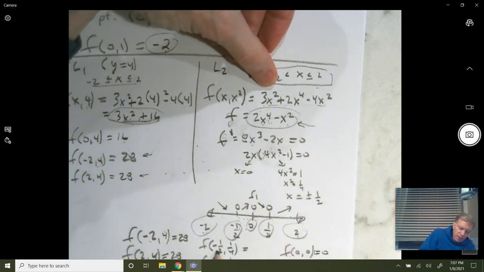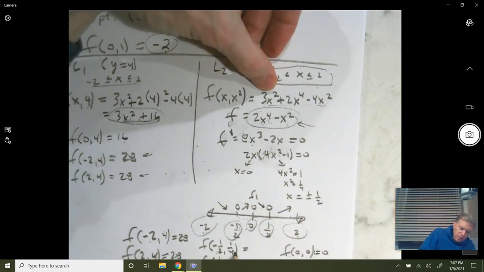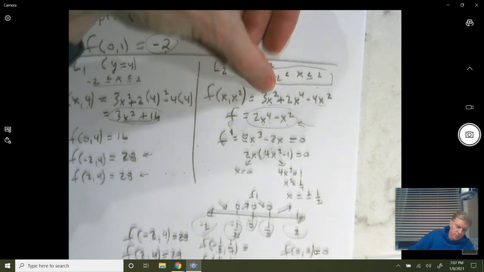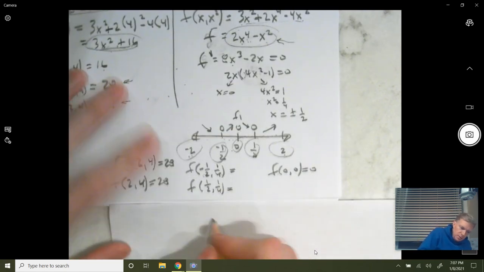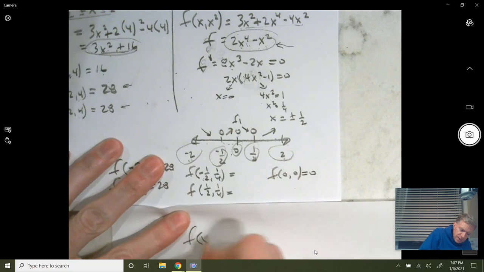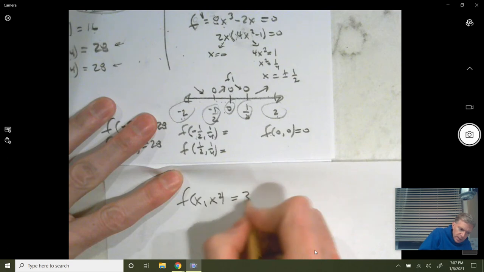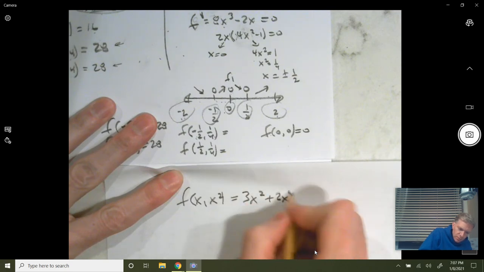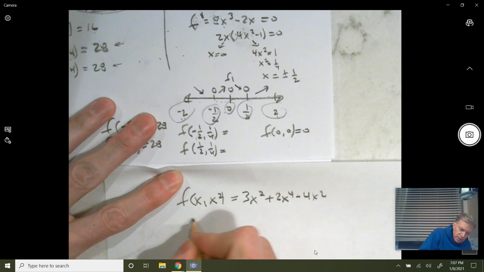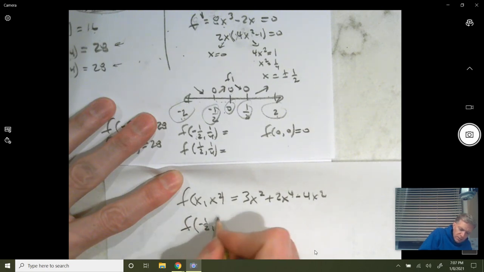And f of -1/2, comma, 1/4, so your x value would be -1/2. This is kind of messy, but let's just do this on a separate sheet of paper. Your function was f of x comma x squared equal to 3x squared plus 2x to the fourth minus 4x squared. Let's plug in -1/2, comma, 1/4.